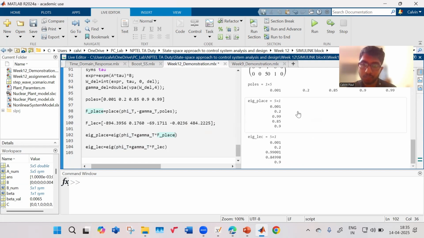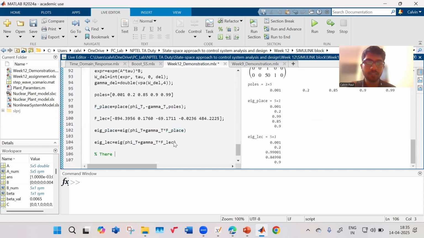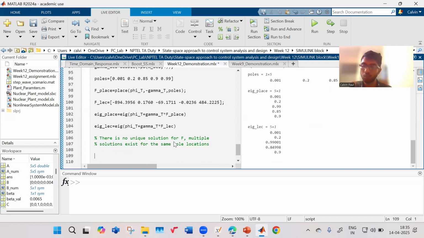So if you see, eigenvalues of place are 0.01, 0.2, 0.99, 0.85, 0.9. So they are similar. So eigenvalues of place and eigenvalues of lecture are almost same. So hence, there is no unique solution for f. Multiple solutions exist for the same pole locations. Okay, so this has been proved.